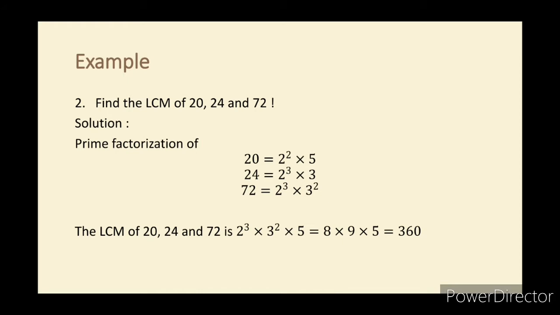So the LCM of 20, 24, and 72 is 2 raised by 3 times 3 raised by 2 times 5 equals 8 times 9 times 5 equals 360.